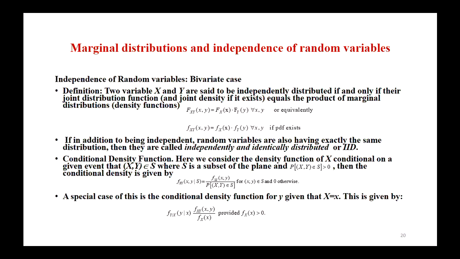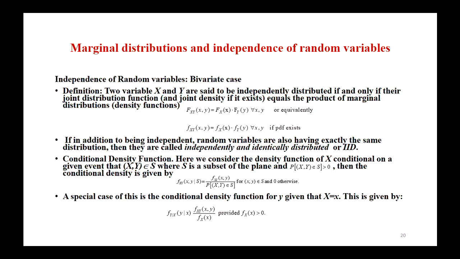How do we talk about the conditional density function? Well, let's consider the density function of X conditional on a given event. Suppose that X and Y lie in some plane S, and let's suppose that the probability that X and Y lie in that plane is greater than 0.